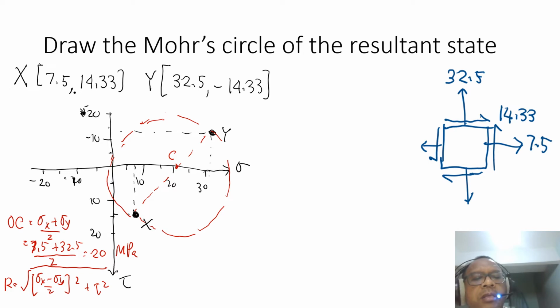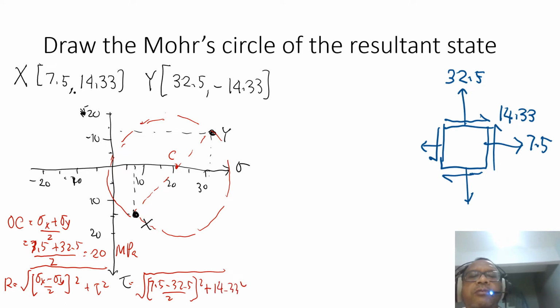Okay, and you will have the square root of ((sigma x minus sigma y) over 2) squared, so (7.5 minus 32.5) divided by 2, squared, so it's 12.5 squared, plus tau, which is 14.33 squared.